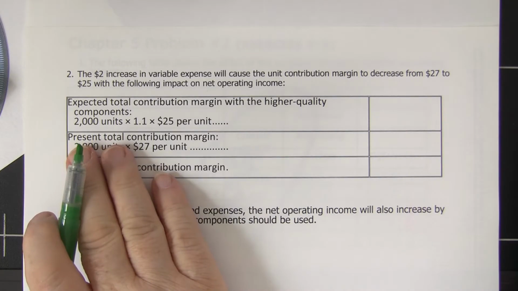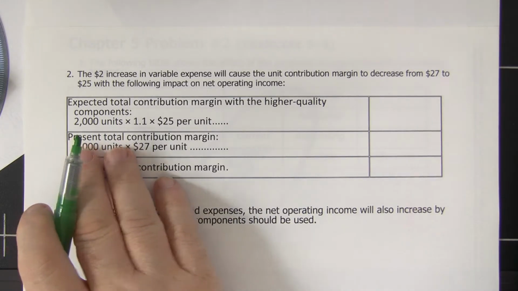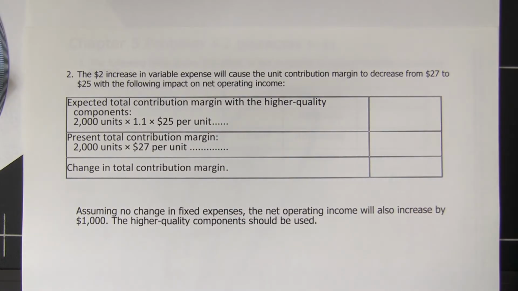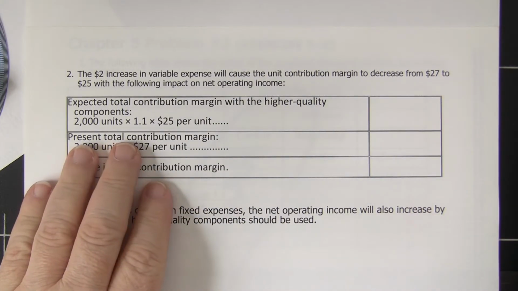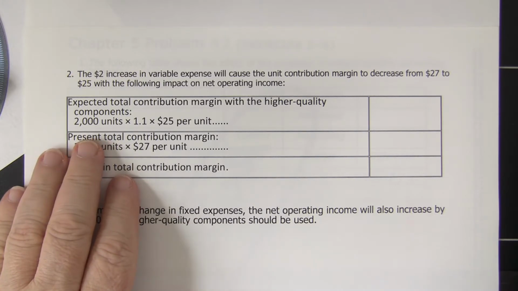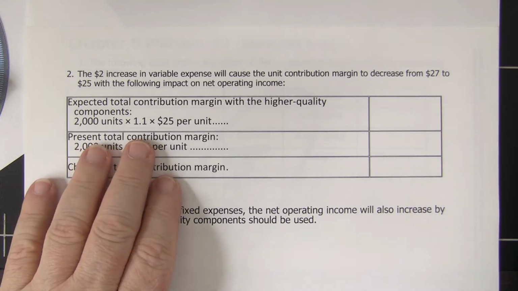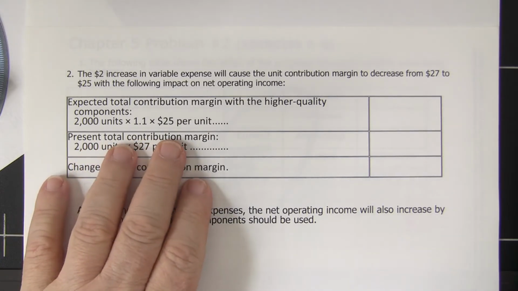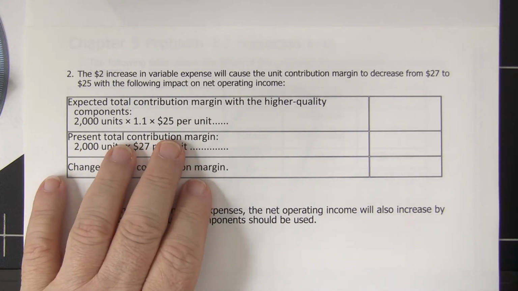So let's take a look. So we have 2,000 units. I don't like the way they're doing this, but I see the way it works. So with the higher quality components, we're increasing our cost by $2 per unit, and we're increasing our sales by $10 per unit.